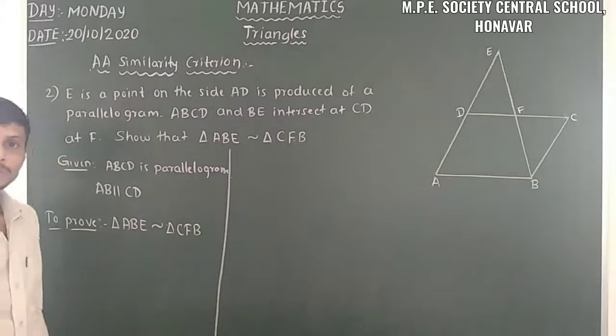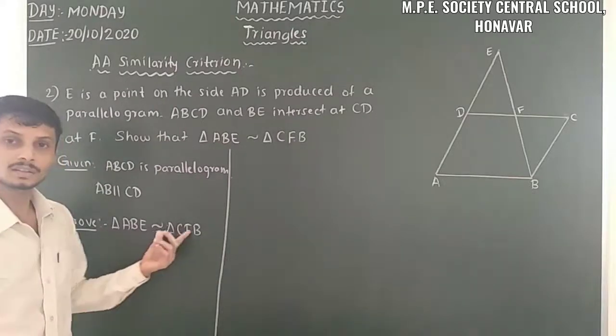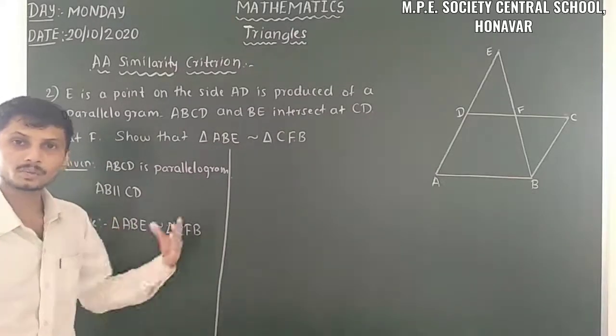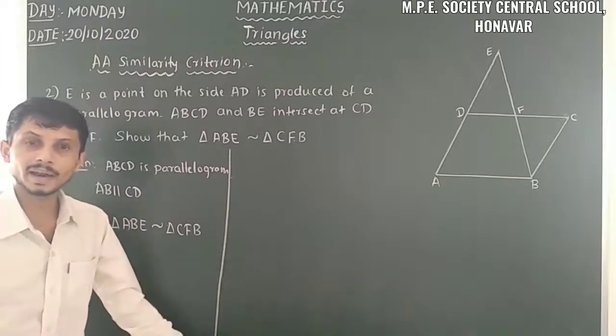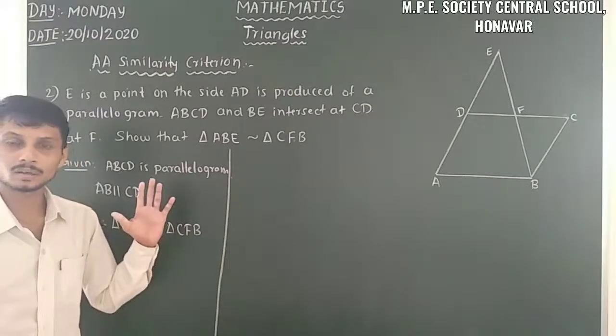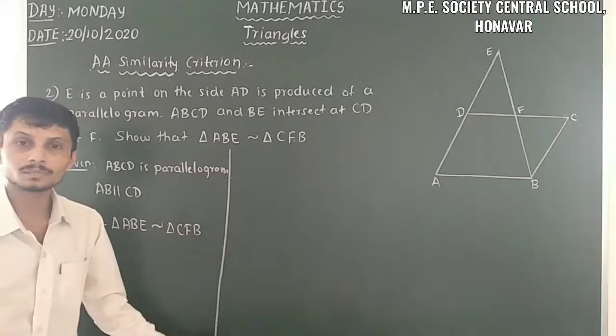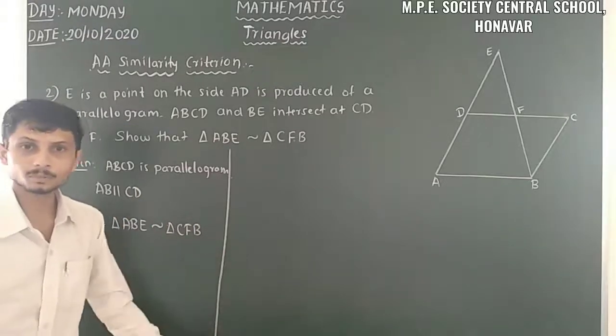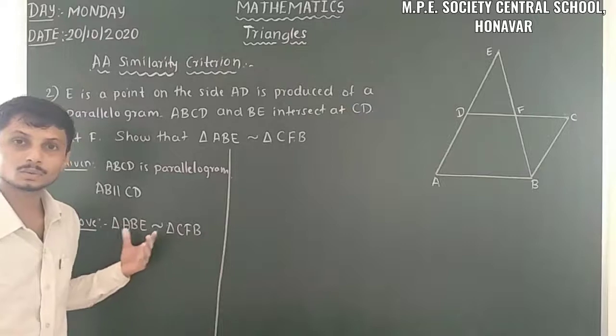We have to take those two triangles so that we prove it at the end of the solution, at the end of the proof. So we consider those two triangles.